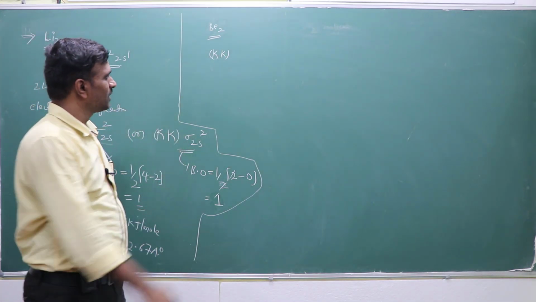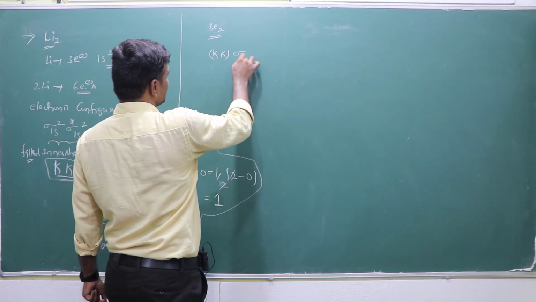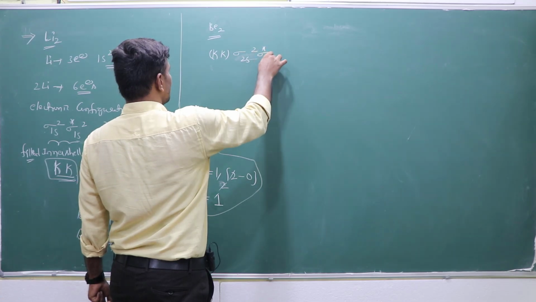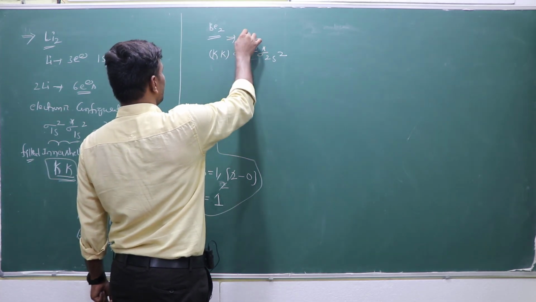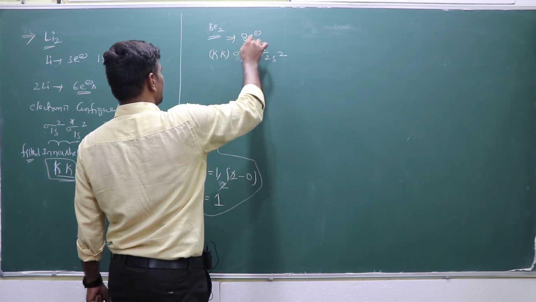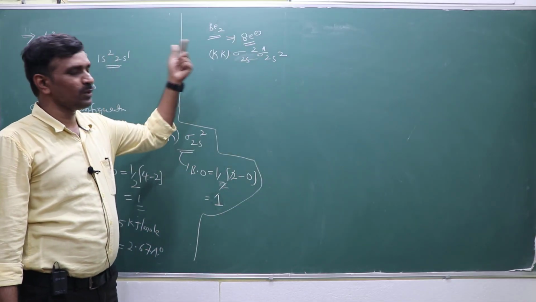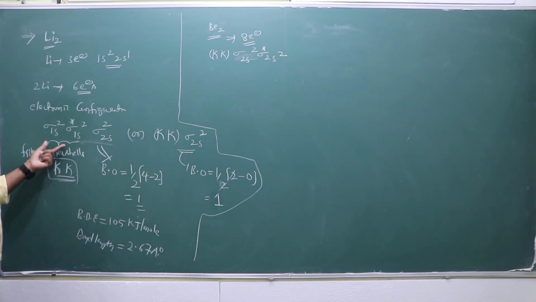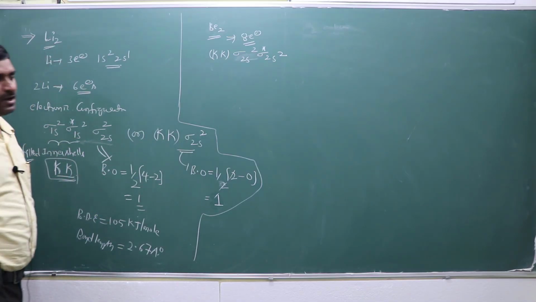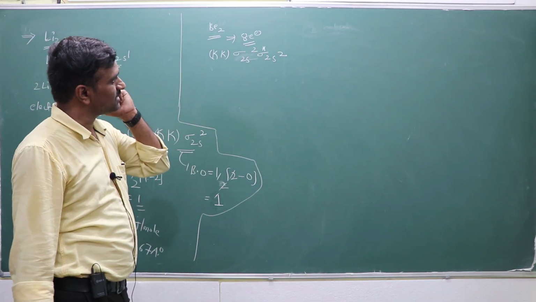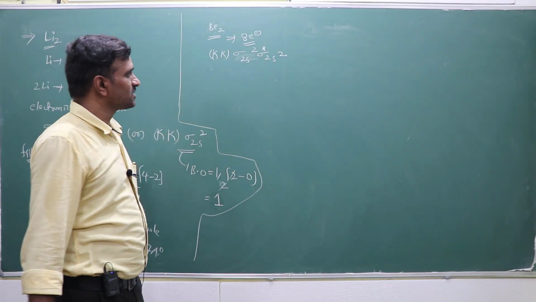Another 4 are left: sigma 2s2, sigma star 2s2. Each beryllium atom has 4 electrons. This KK means 4 electrons are completed, the inner shells sigma 1s2, sigma star 1s2. So then sigma 2s2, sigma star 2s2.